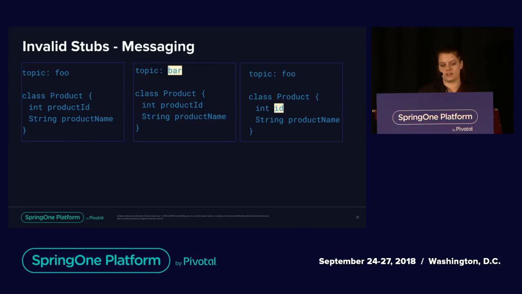But once they integrate it, it can appear that the other team has implemented it wrong and it's sending the messages to a different topic, or what actually happens a lot, the field is slightly different, like we see in this example. So we thought we were getting product ID, but we are getting ID. It's a small change, but we will not be able to deserialize it. So that's the problem with stubs.